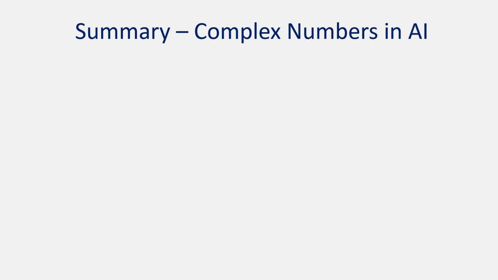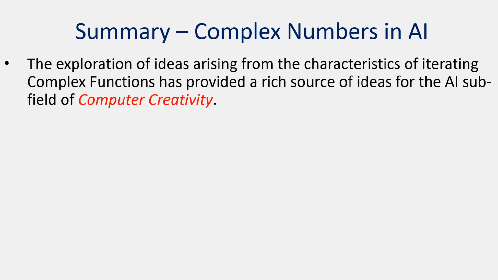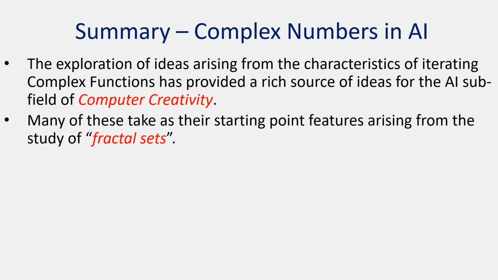So let me just summarize what we've seen with the use of complex numbers in AI. This is still a very active field, by the way. The exploration of ideas that use complex number functions, iterating complex number functions, has provided a very rich source of work in a specialist area of artificial intelligence concerned with computer aesthetics, computer creativity.